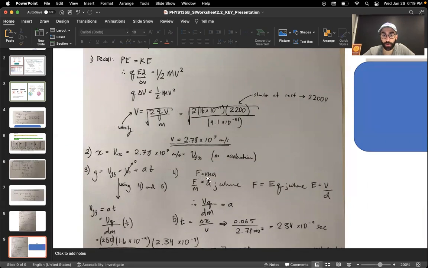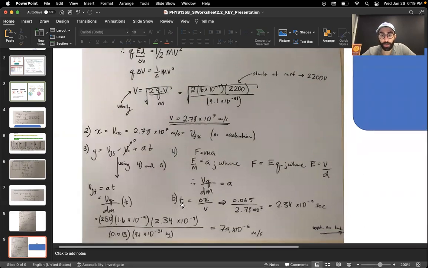So first, let's use our forces. F equals ma. We want to solve for a on one side, where the force equals EQ, where E equals V over D. So again, that was a callback to that equation I said we could use. So what does that tell us? That equals VQ over the distance divided by M, that being the vertical distance, because we're talking about the Y component right now.